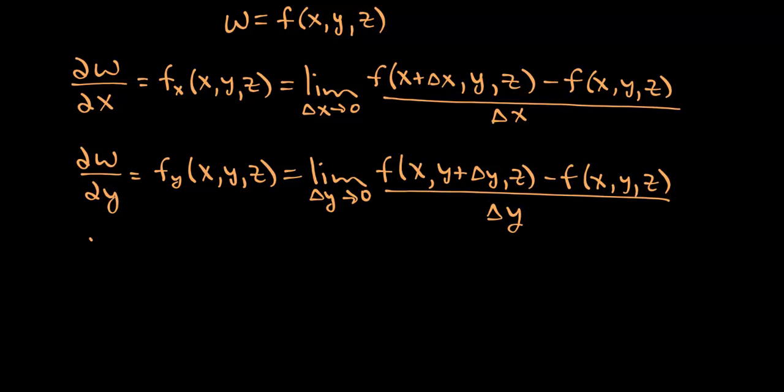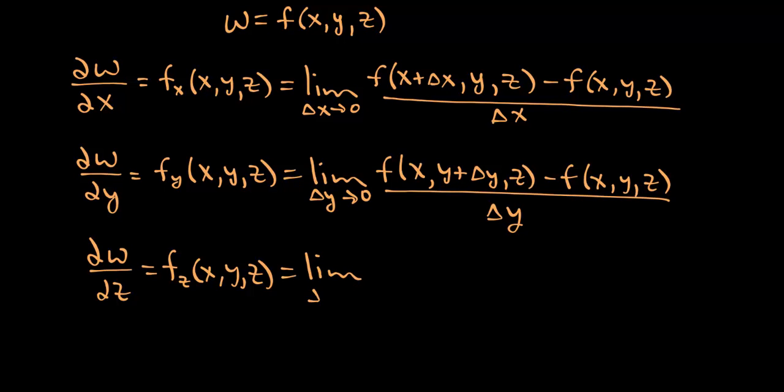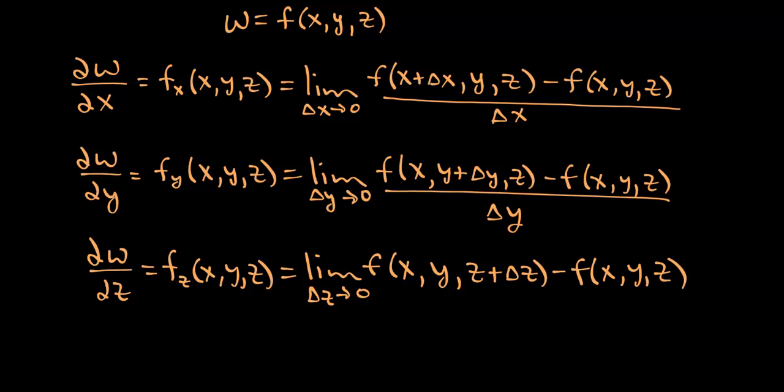And one more, the partial of w with respect to z. This time as delta z goes to 0, x and y are held constant. There. So we can define the derivative for functions with more than two independent variables. And here we have it for three independent variables.